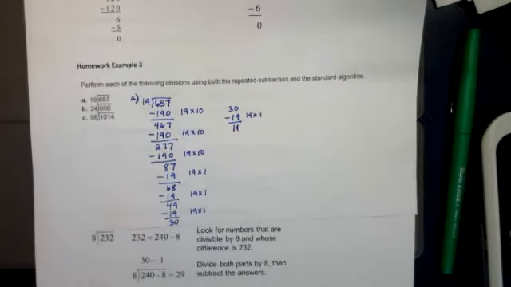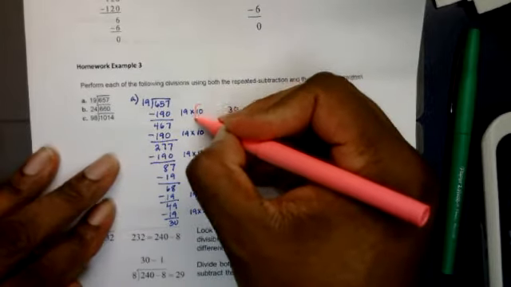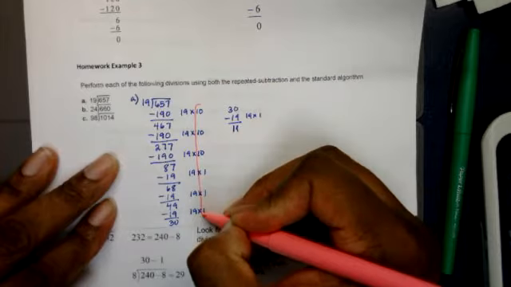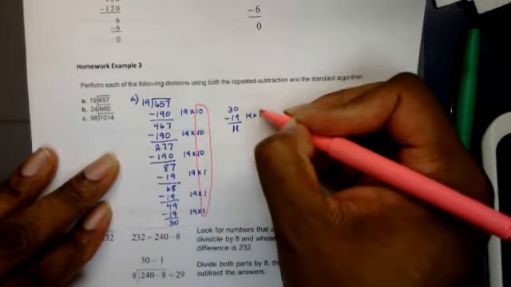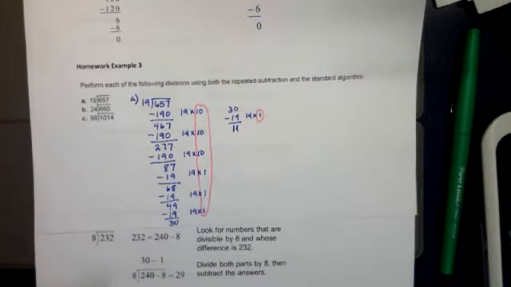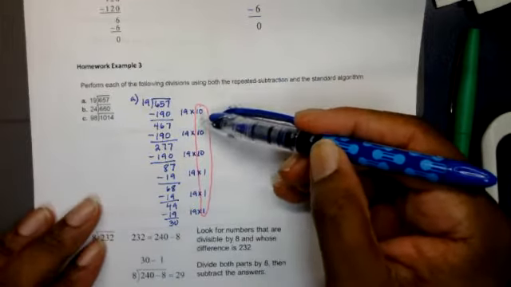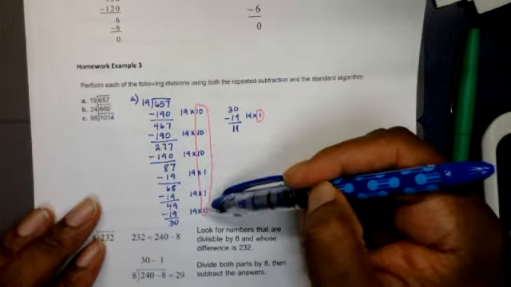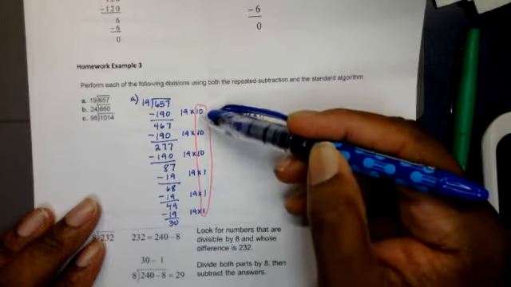All right. So I'm going to add these numbers together, and that will tell me what my quotient is. So this one I'm going to add 10 plus 10 plus 10 plus 1 plus 1 plus 1 plus another 1.